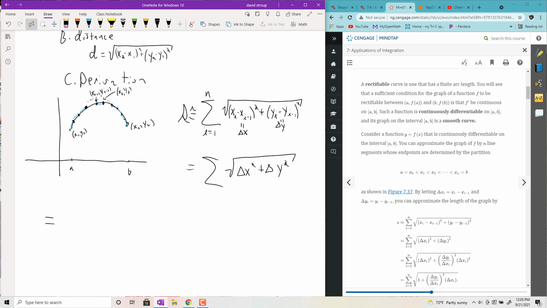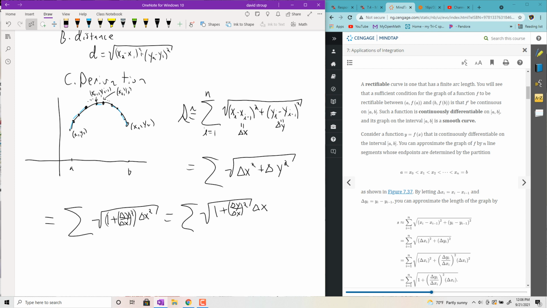So we can do that by factoring out a change in x. And we get the sum of the square root of 1 plus change in y over change in x squared times change in x squared. And then the square root of a product is the product of the square roots. So you get the square root of 1 plus change in y all over change in x squared times change in x.